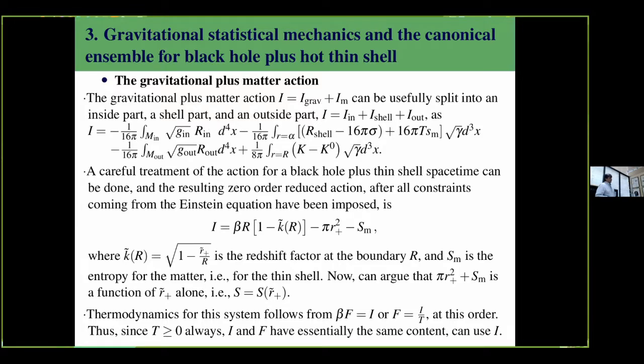So we can divide in the gravitational part and the matter part, but it can be split in terms of the action for the inner part, the action for the shell, and the action for the outer part. And it is written as the Einstein-Hilbert action for the inside, the Einstein-Hilbert action for the outside, plus a boundary term because there is the boundary, there is this reservoir, and so you have to take care of this.